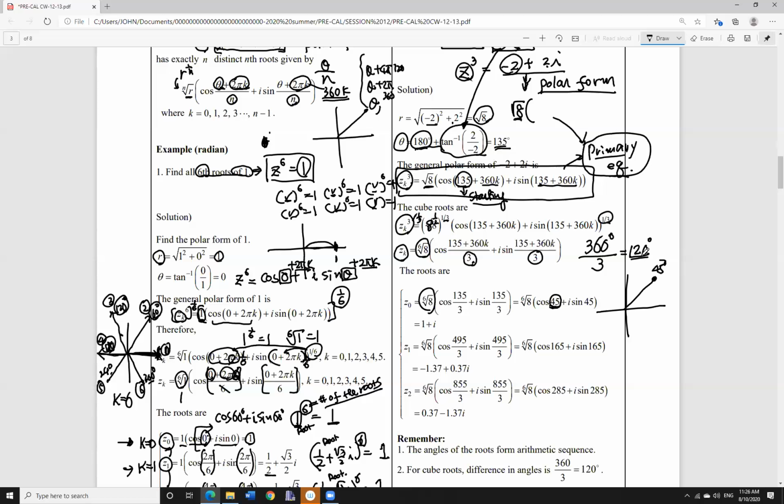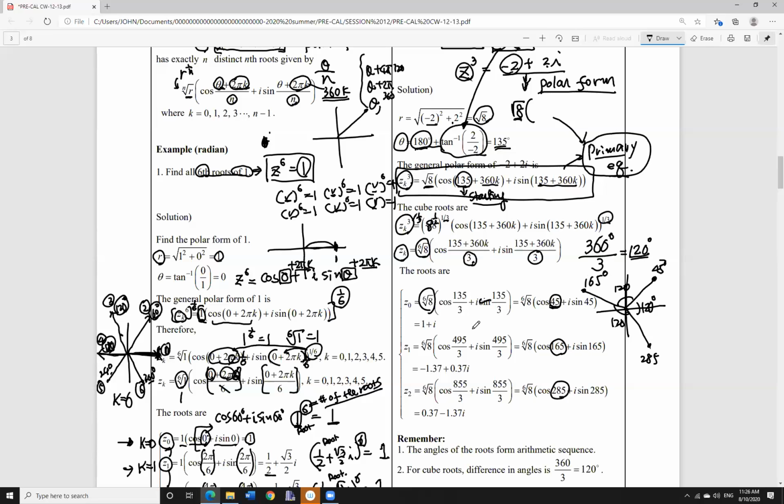How much? 165, isn't it? Now 120 again, 285 over here. They have differences of 120, 120, also 120. Okay, can you see that? 45 plus 120 is 165, 165 plus 120 is 285.